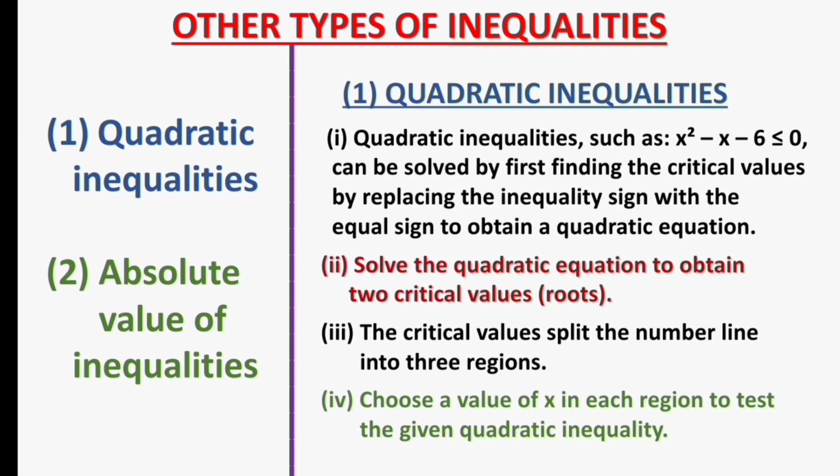Point number 2. Solve the quadratic equation to obtain two critical values or roots. Point number 3. The critical values split the number line into 3 regions. Point number 4. Choose a value of x in each region to test the given quadratic inequality.